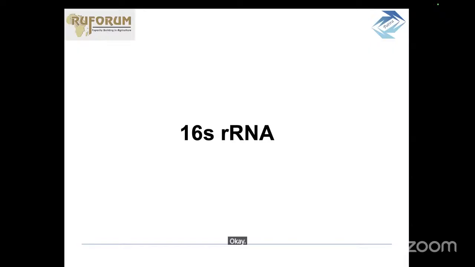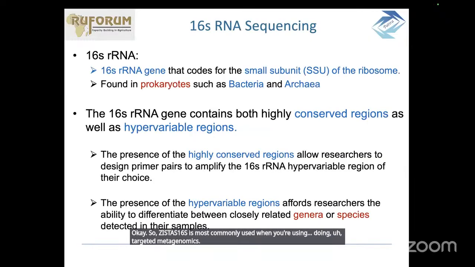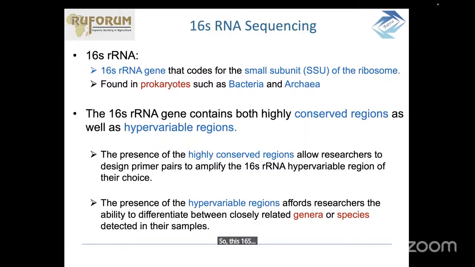So let's start with 16S. It's most commonly used when you're doing targeted metagenomics. This 16S is part of the small subunit of the ribosome. It's found in prokaryotes, mainly in bacteria and archaea.